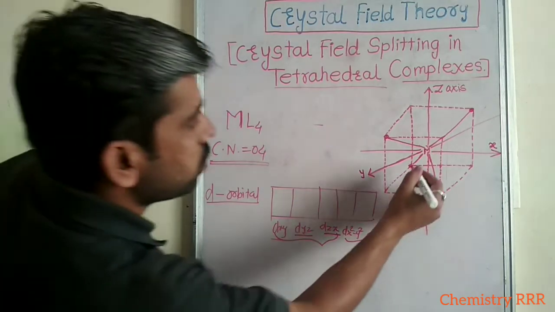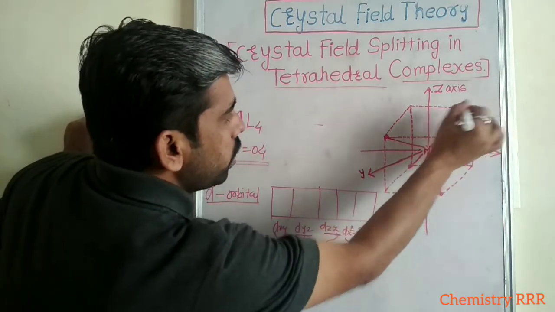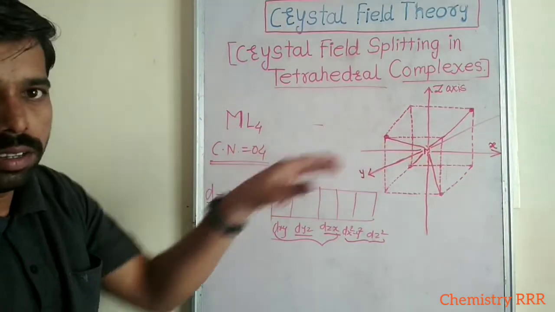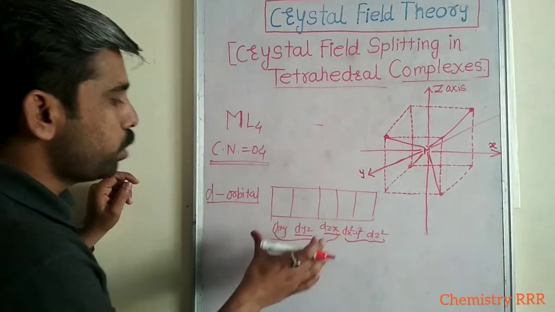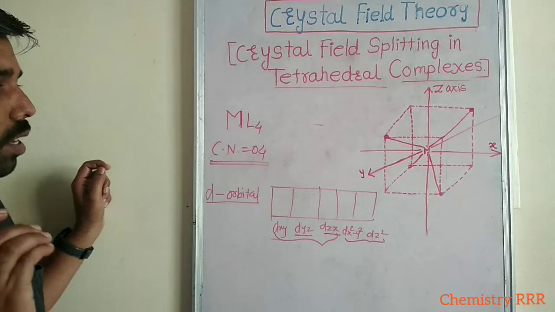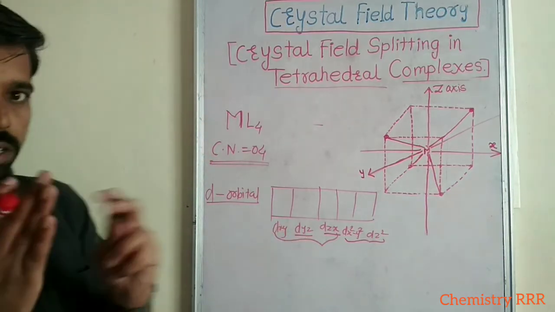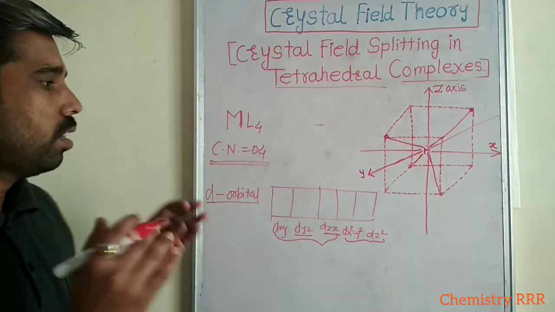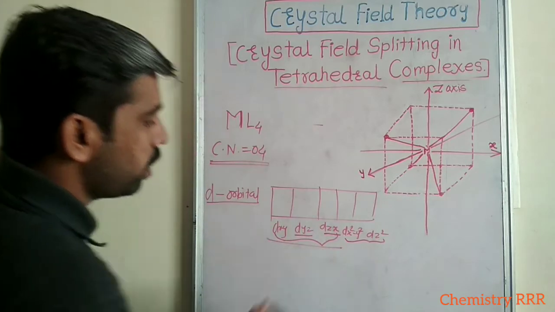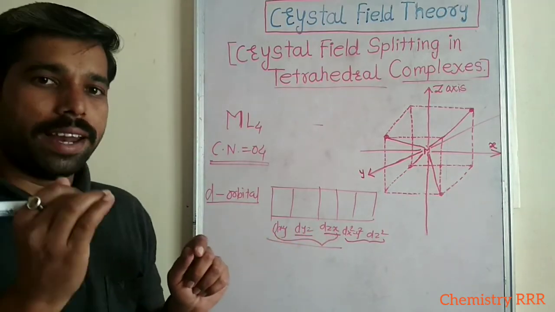Okay, 1, 2, 3 and 4: these 4 ligands approach the metal close to these 3 orbitals of the central metal atom. So there is a large repulsion between the electrons present in the dxy, dyz and dzx orbitals and the electrons of the ligand.